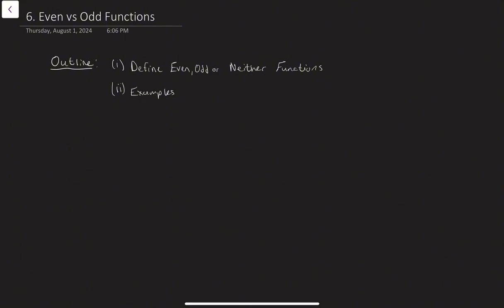So let's define what an even function actually is. So, a formal definition: an even function is a function that can be represented by the following. f of negative x is equal to f of x.